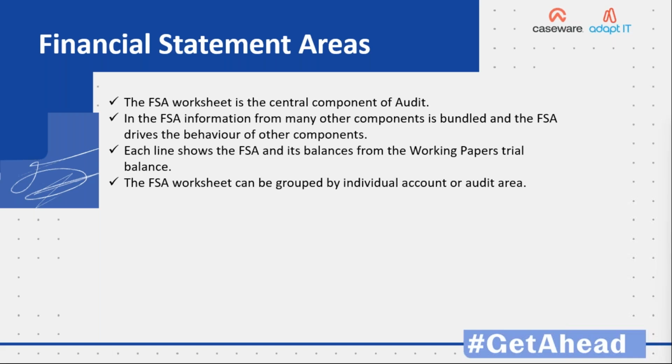The financial statement area is a worksheet which is the central component of your audit template. It will bring all the information received from across your engagement file. For instance, you've done the mapping of the trial balance. This will pull to the FSA.